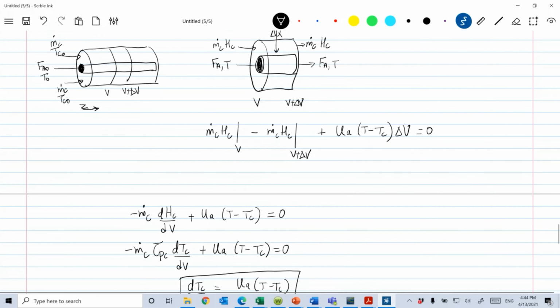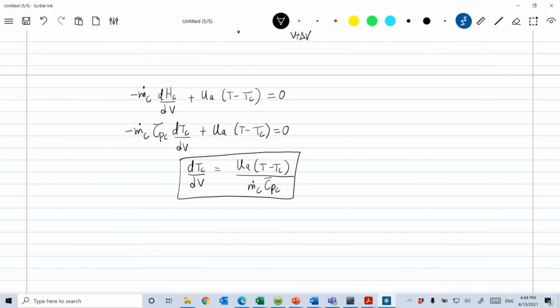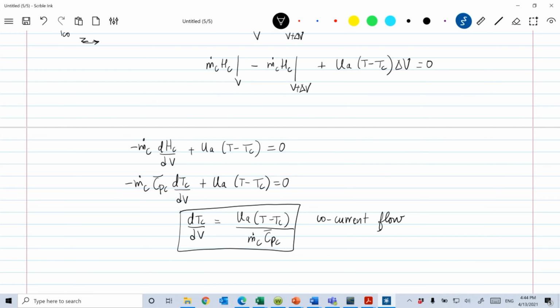That's how you came about it. This is for co-current flow, because we said that we go in with a certain enthalpy and then go out with a certain enthalpy.